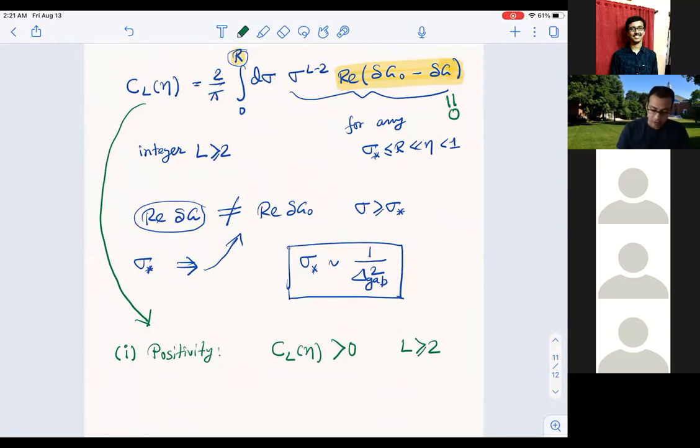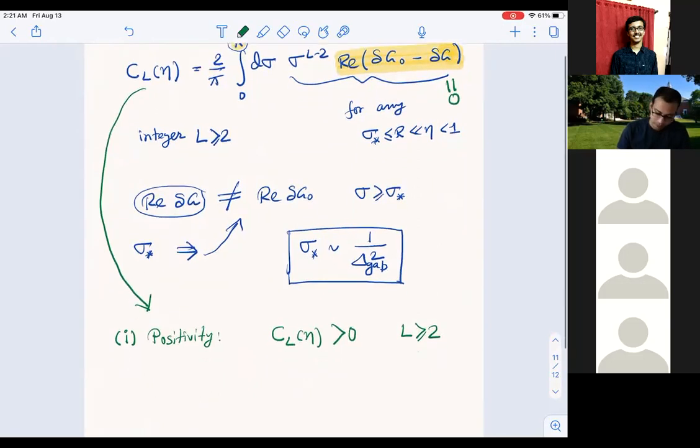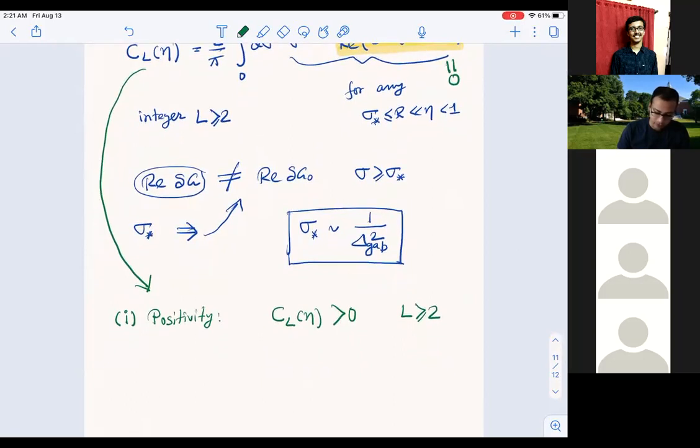So strict positivity is valid when the theory is interacting, and saturation necessarily requires that it's a free theory.